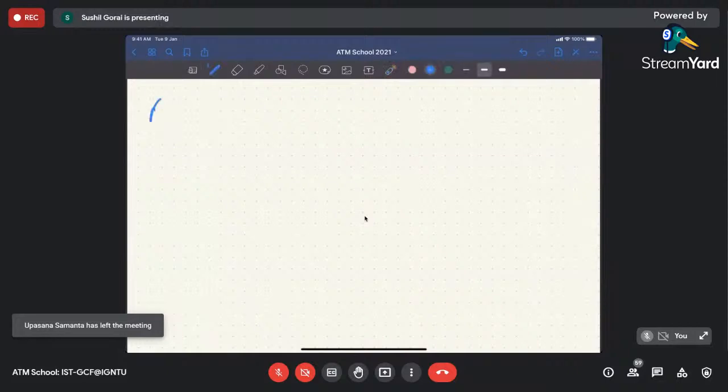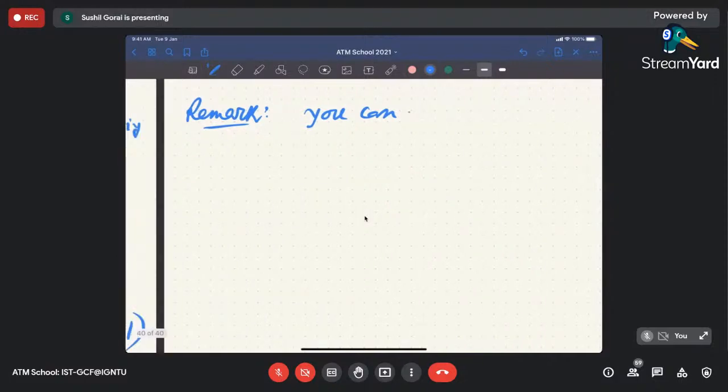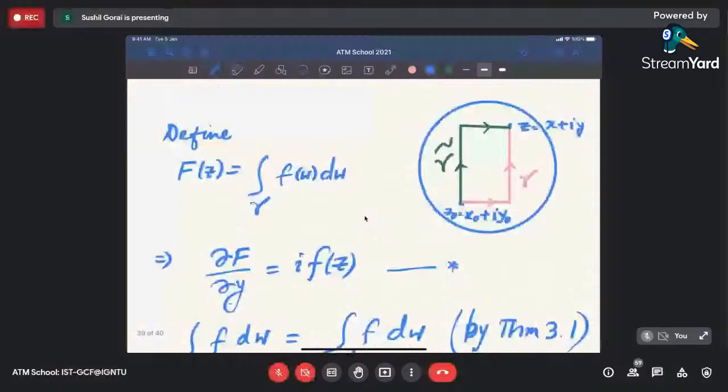So remark, you can join those 2 points by just a 2-line segment. In a circle you can do it, or inside the disk you can do it. Only 2.